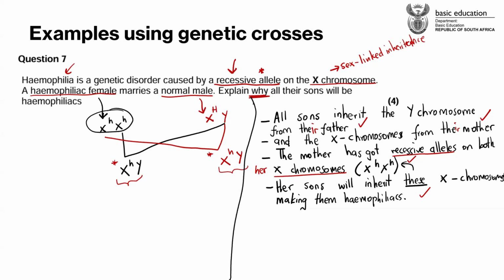Here we're trying to explain why all of them are going to be hemophiliacs. You explain that it is because the sons are supposed to inherit X chromosomes from the mother. And the mother that we have in this present case has got recessive ones. So those are the recessive ones that will be inherited by the sons.